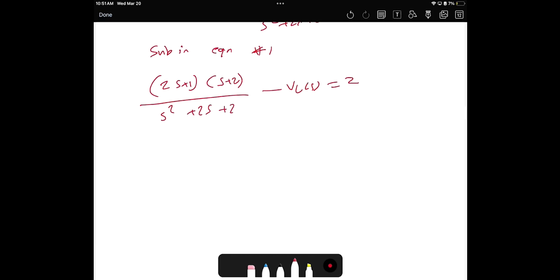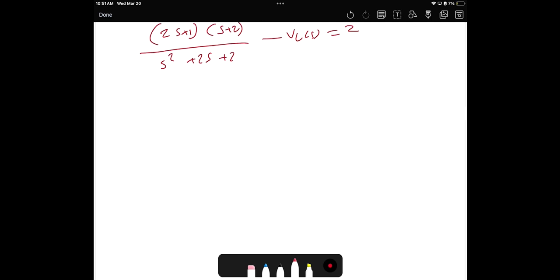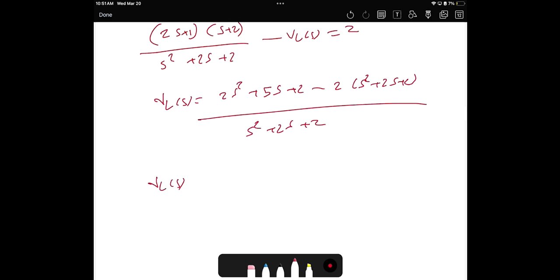As a result, VL of S will be (2S squared plus 5S plus 2 minus 2S squared plus 2S plus 2) divided by S squared plus 2S plus 2. The last thing, VL of S will be S minus 2 divided by S squared plus 2S plus 2.